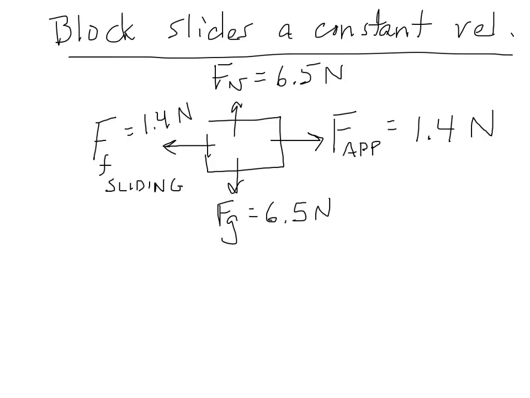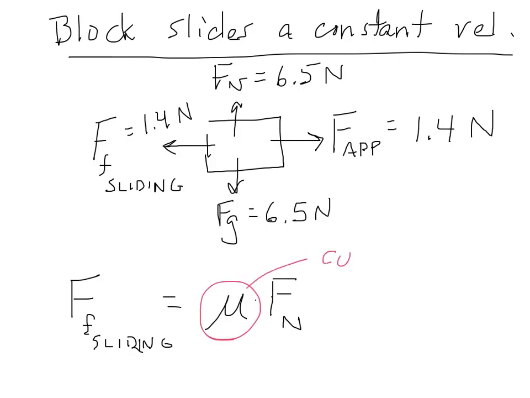So now we can use this same relationship for sliding friction that we used for the static friction, except this time it's not any kind of maximum. This is actually going to be the friction force that is applied as long as this block continues to move. So this mu is the coefficient of sliding friction. It's not the same number, the 0.37, that we have when it was just sitting on the table.